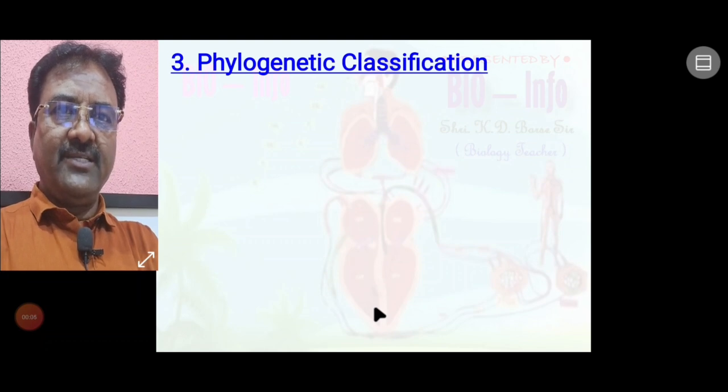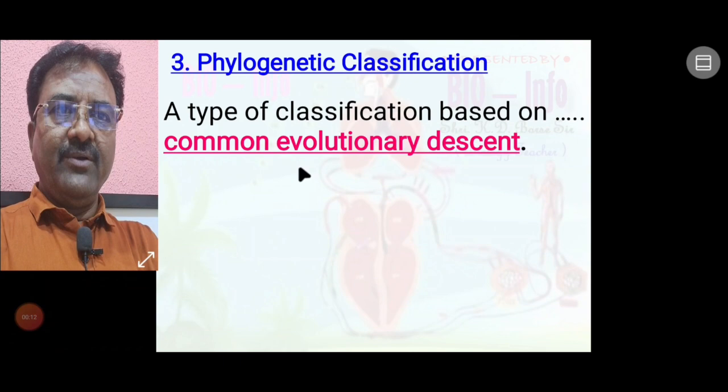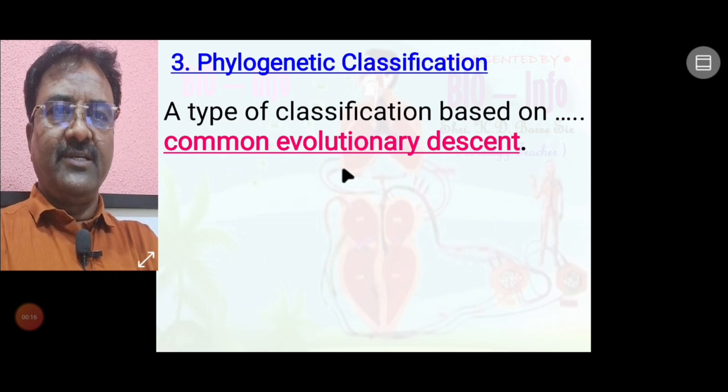Phylogenetic classification is a type of classification based on common evolutionary descent. In this type of classification, it clearly supports evolution theory on the basis of common evolutionary descent.